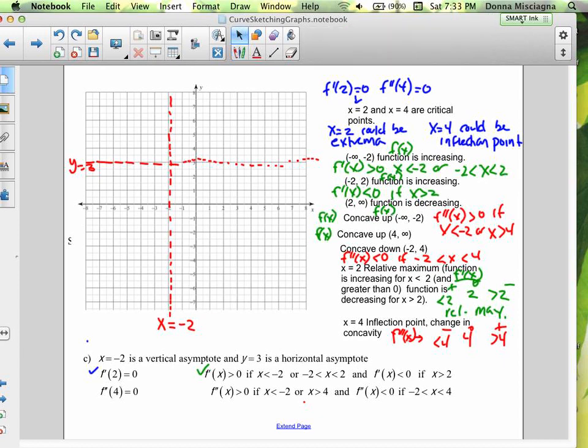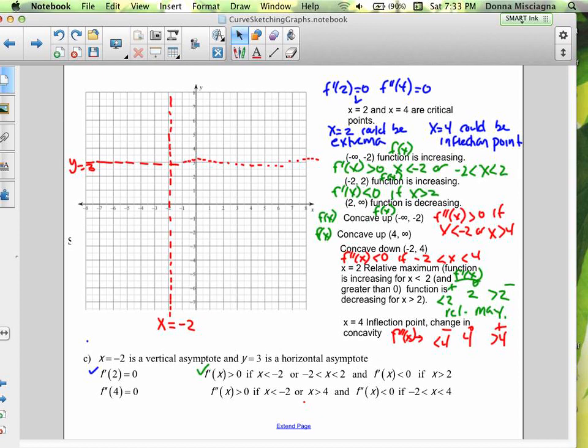So f of x is increasing from -infinity to -2, because the first derivative is greater than 0 for values less than -2, and then between -2 and 2. Because it's increasing, -infinity to -2 and -2 to 2, both of those are increasing.